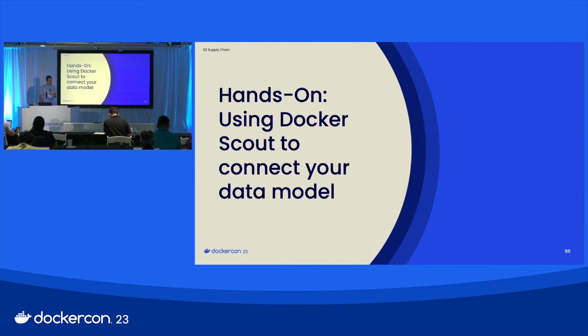So in this hands-on portion for section 2, we're going to connect Docker Scout to your data model for developing software, and so establish Scout as a system of record.